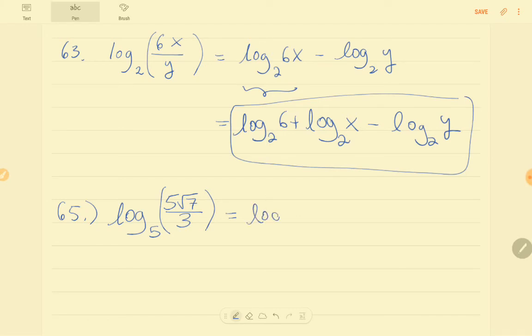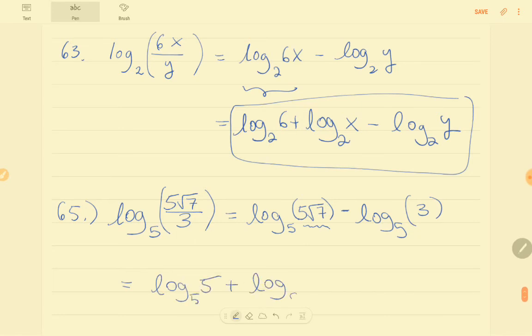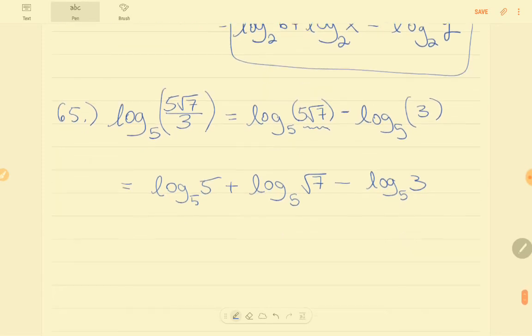So that'll be the log base 5 of 5 square roots of 7 minus the log base 5 of 3. And then this can be expanded. So I'm going to make it the log base 5 of 5 plus the log base 5 of root 7 minus the log base 5 of 3.